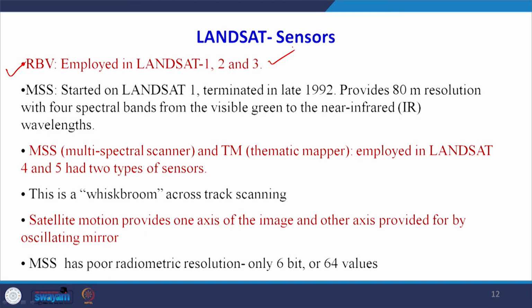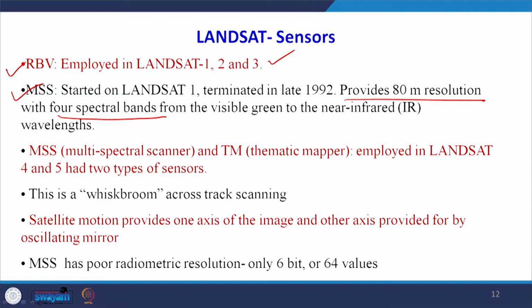For example, the RBV sensor, the return beam Vidicon cameras: the first 3 satellites, 1, 2 and 3, employed the RBV camera, and then the MSS camera started, which provided us 80-meter resolution with 4 spectral bands. RBV was also providing us 79-meter resolution. 80-meter resolution means the pixel size is 80 meters, so we assume that any object smaller than that dimension may be difficult to identify from such images.